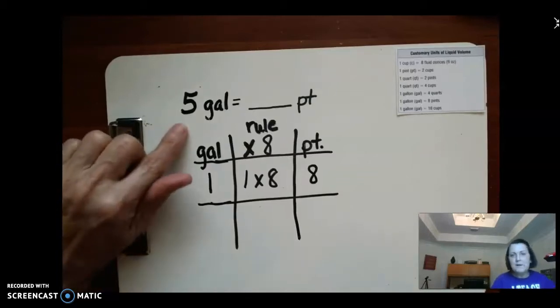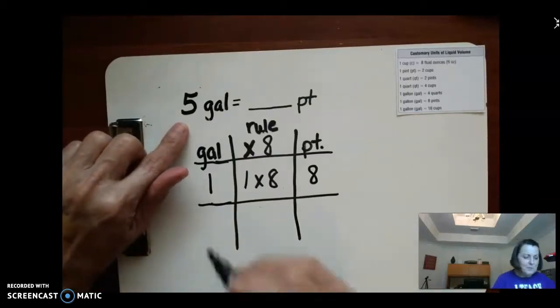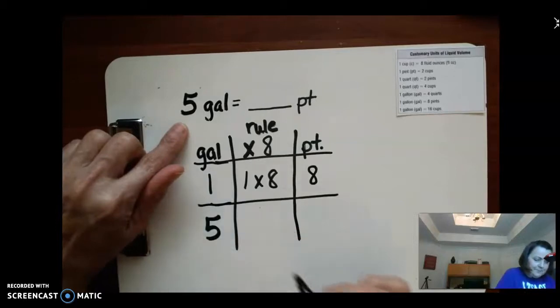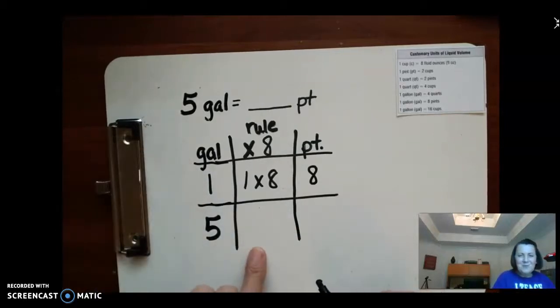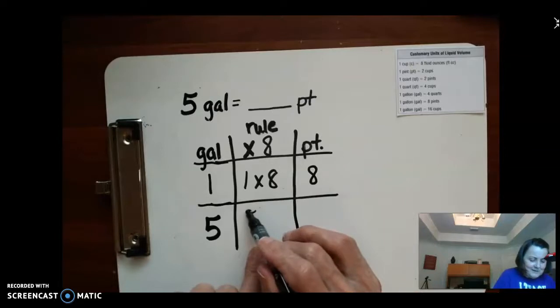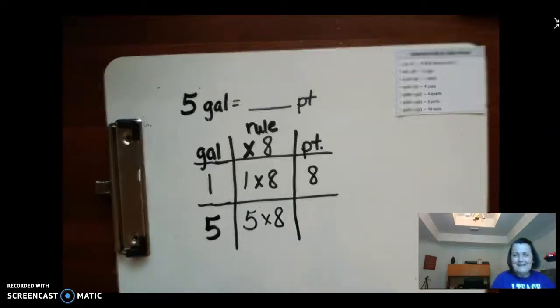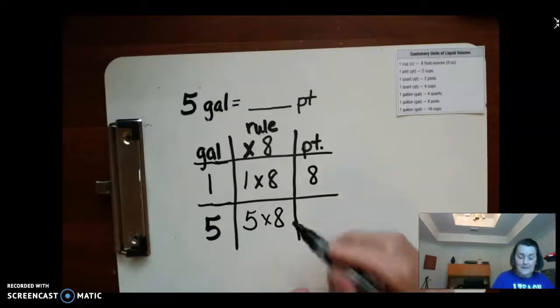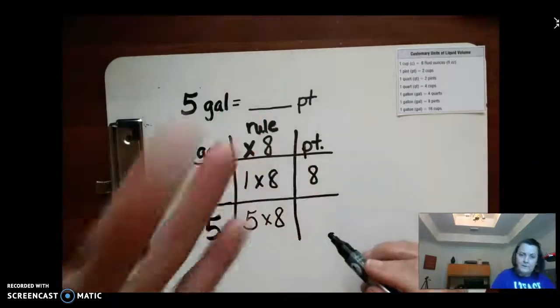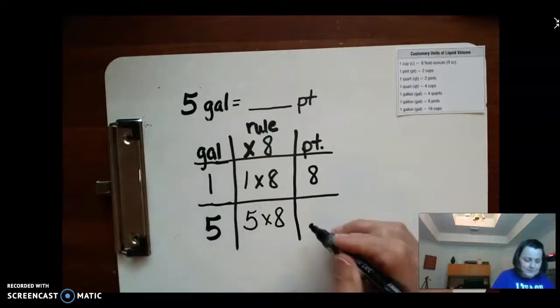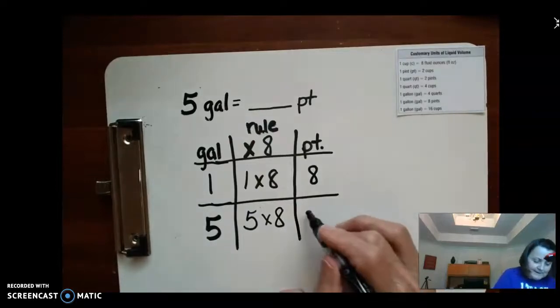So now you ready to fill this in? Okay, remember it goes in the gallon column. Now we can write our expression. 5 gallons times 8 equals, and I hope you said 40, or if you had to count on your fingers, 5, 10, that's okay. Those are your phalange calculators.